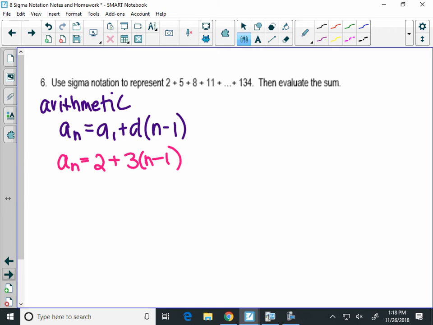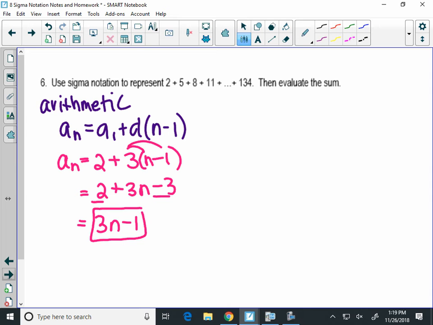Now, when I had an arithmetic series before, I didn't have it written like this. I have to distribute the 3 and get rid of the parentheses. So that's the first thing you need to do. You need to rewrite this: 2 plus 3n minus 3. What does that simplify to be? Combine like terms. 3n minus 1. All right, so that formula is the sequence formula for that sequence.